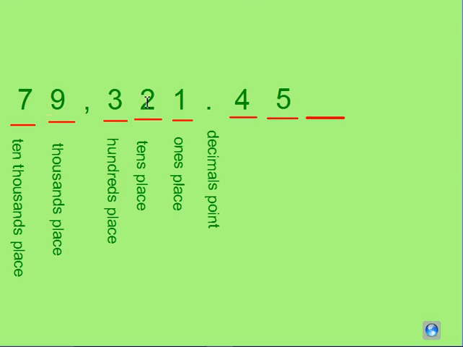Ones, tens, hundreds, thousands, 10,000s, 100,000s, a million, 10 million, 100 million, a billion, and we could keep going that way. The unique thing about it is when you have a decimal, the decimal takes the place of the ones place. There is no ones place in a part of a whole.